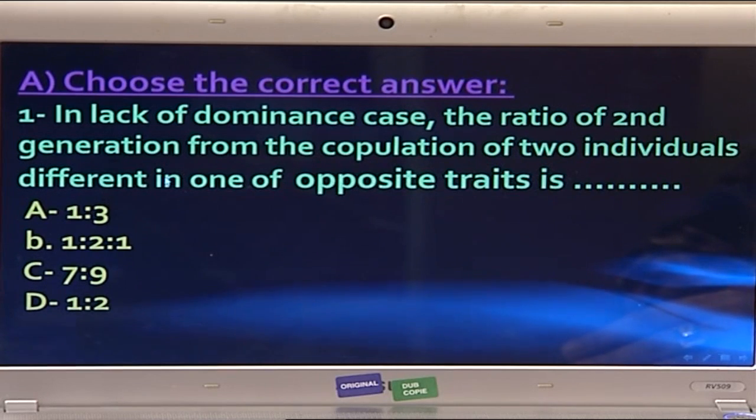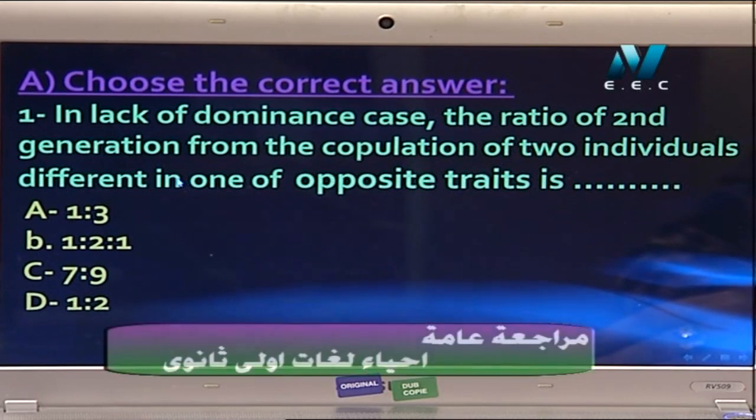When white antirrhinum is crossed with red, it will produce pink, a new trait. Here, the ratio will be 1 to 1. Of course, this ratio will be in the second generation.